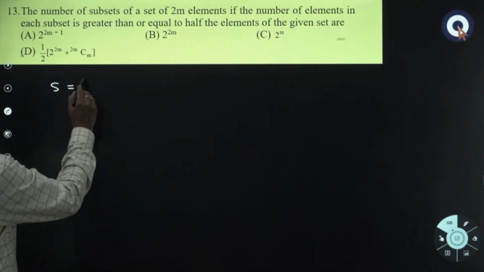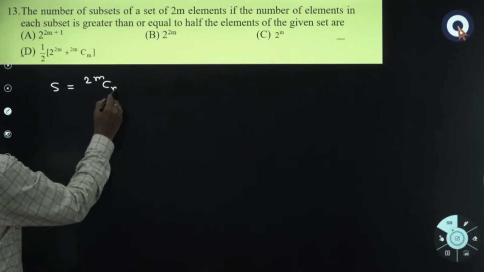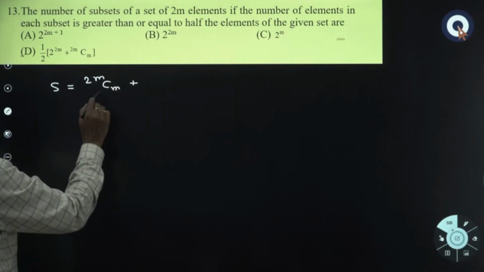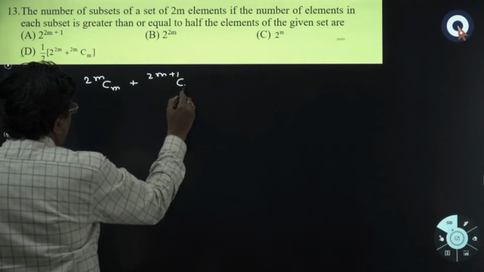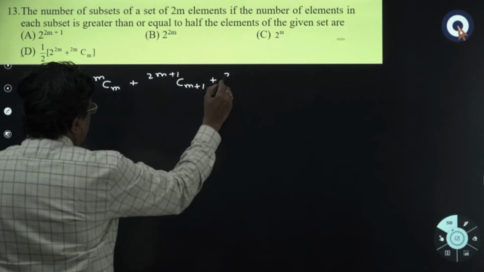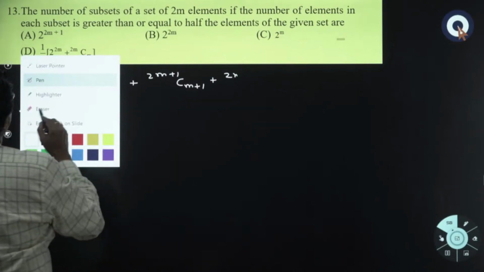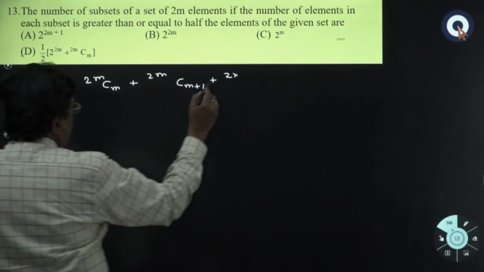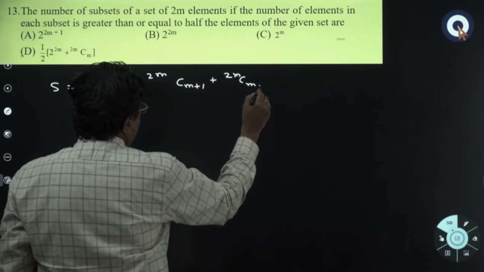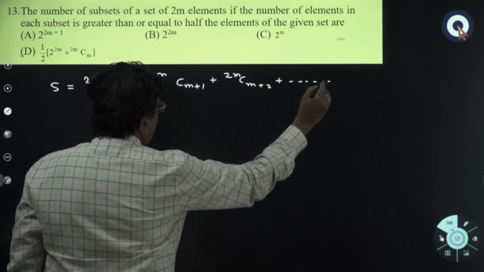So subsets containing m elements, exactly half, or even greater: 2mCm, then 2mC(m+1), 2mC(m+2) and so on, up to 2mC2m.